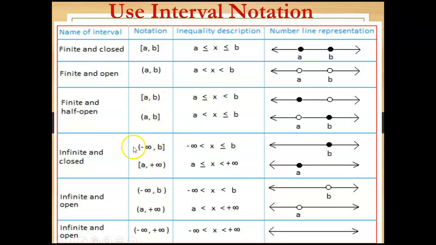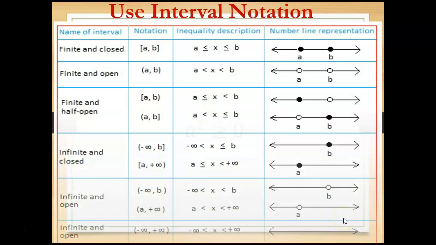Infinity is always open, because it has no end. So it can be finite open, finite closed, infinite open, or infinite closed. From negative infinity to positive infinity, that is all real numbers, open all the way.